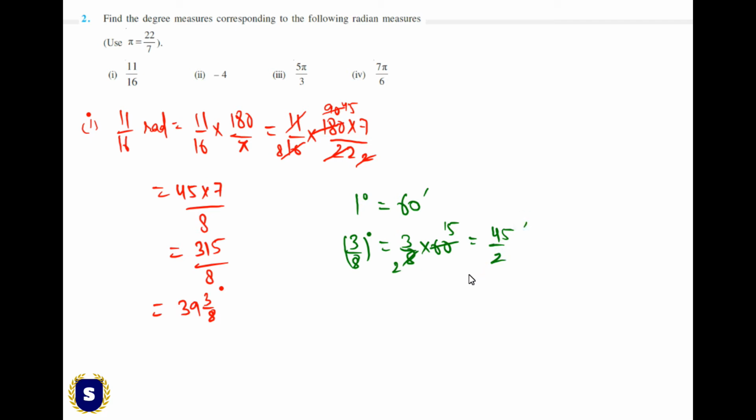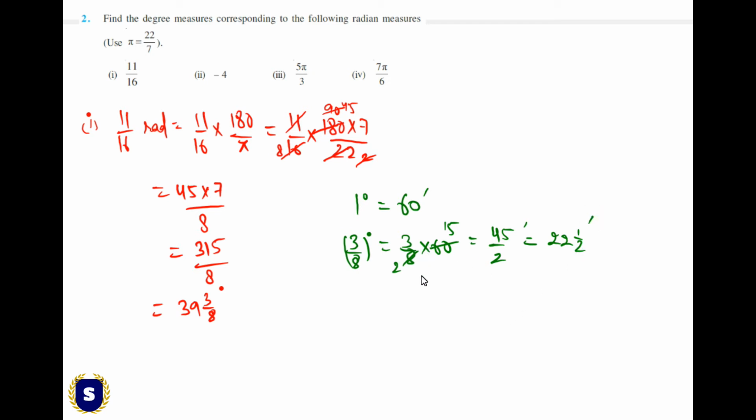Again, still it's in fraction. We'll convert this into seconds now. 45 upon 2 minutes will become 22 and 1 by 2 minutes.